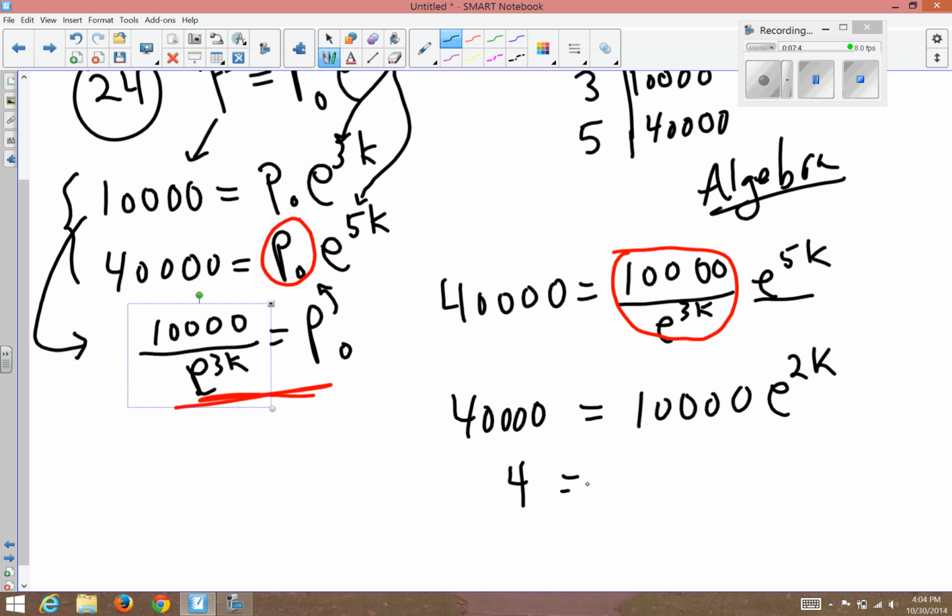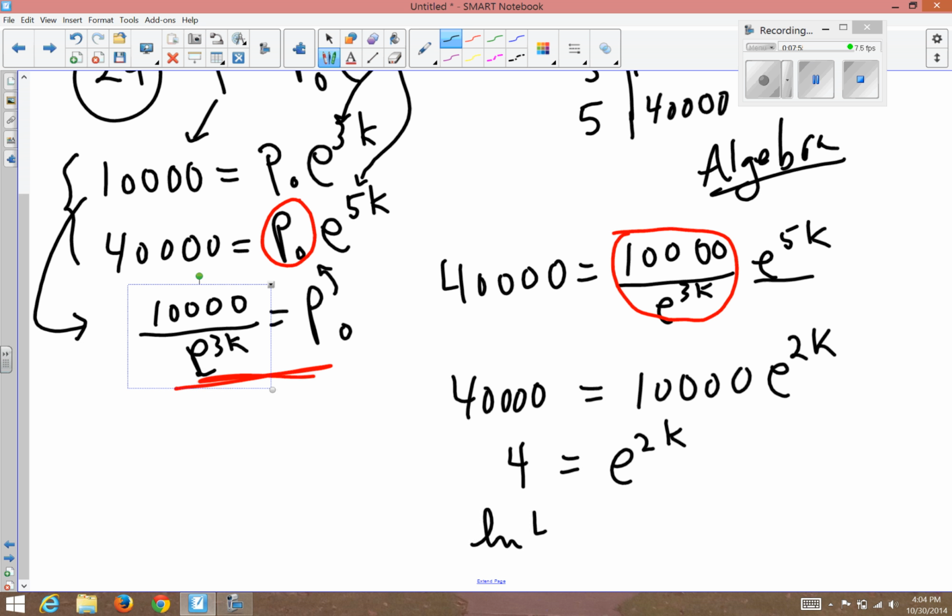Let's take the natural log of both sides. The natural log of the left side equals the natural log of the right side. Logs are used so that the exponent can go in front of the log. The natural log of 4 divided by 2 equals k. Divided both sides by 2. And the natural log of e is 1.